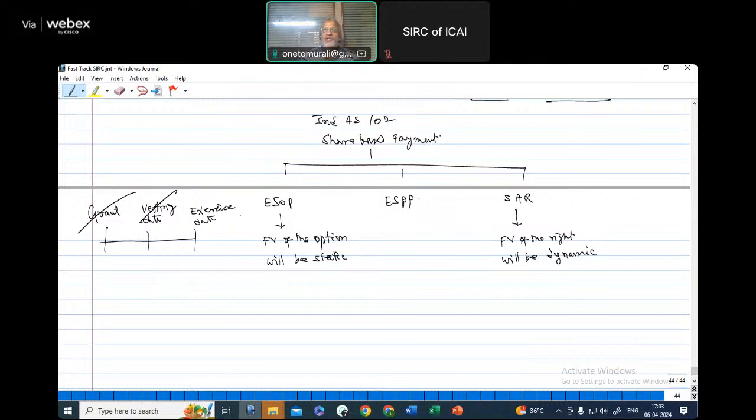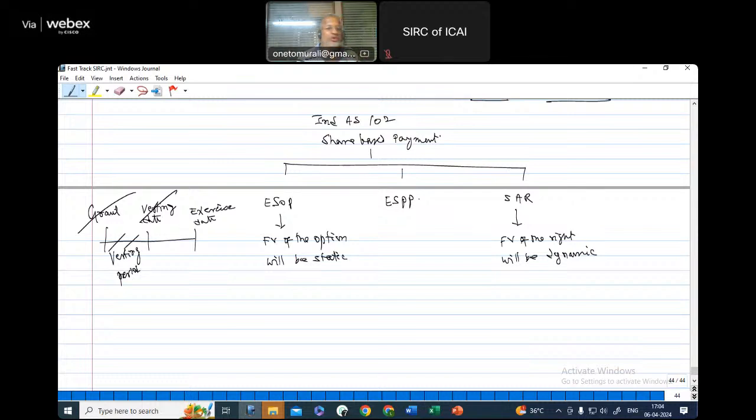By offering the shares at a price less than the market value, the employer will be losing the profitable opportunities of getting money from the general public, sacrificing them in favor of the employees at a cheaper price. Therefore the difference between the market price and the exercise price we can take as a loss the employer is sustaining, and the amount of loss should be spread across the vesting period.